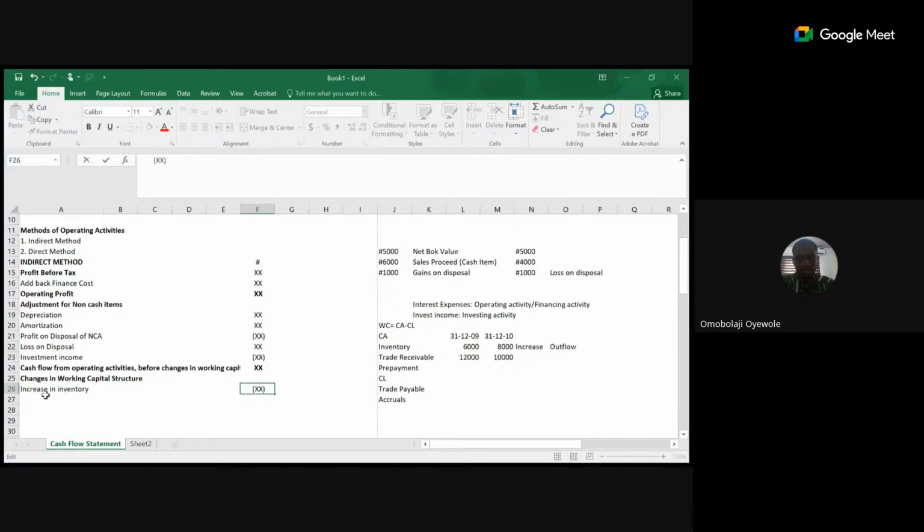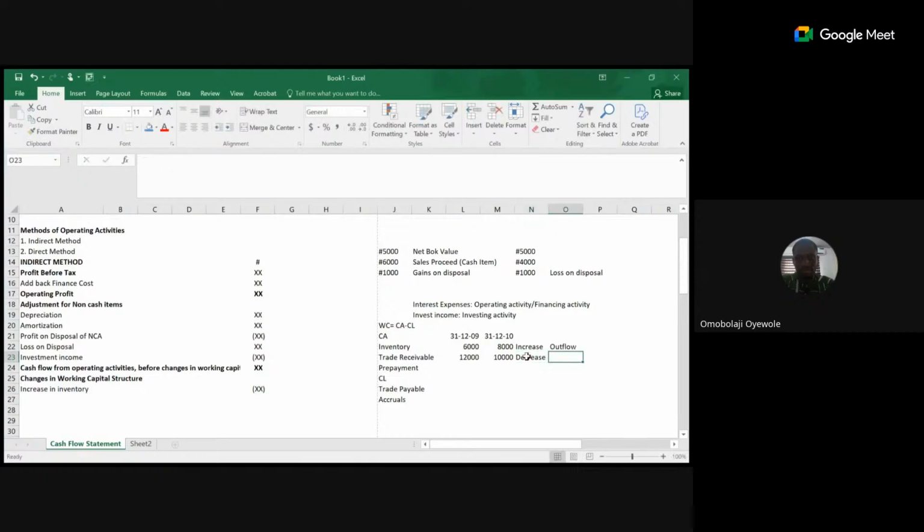Now, let's look at the next one, trade receivable. The trade receivable as at 2009 is 12,000, and as at 2010 is 10,000. What has happened to our trade receivable? It has decreased. There is a decrease in trade receivable.